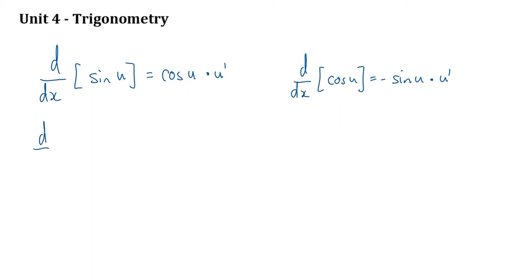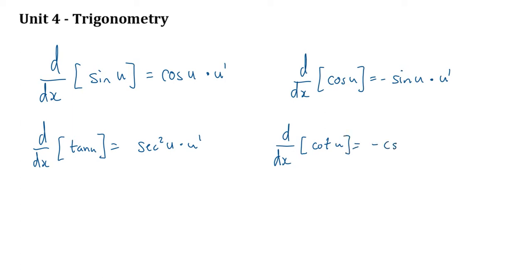Okay, and what are the other ones? D by dx of tan. Remember this one, secant squared. And d by dx of cotan. This one's negative cosecant squared.